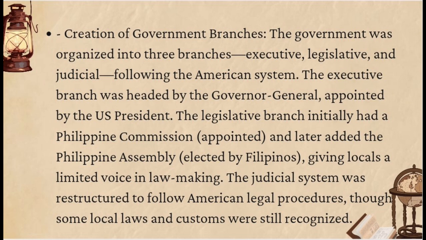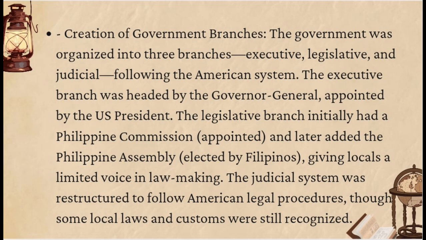Creation of government branches. The government was organized into three branches: executive, legislative, and judicial. Following the American system, the executive branch was headed by the governor general appointed by the U.S. President.